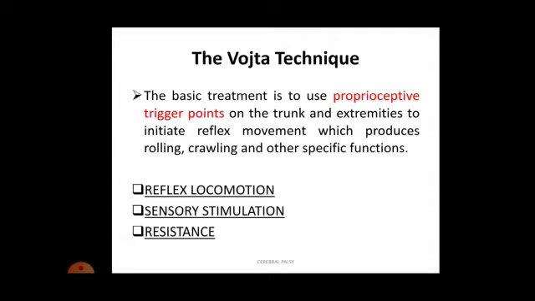As pressure is applied, it also works as a type of sensory stimulation technique. And when the child is moving reflexively in rolling or crawling, at that time resistance is offered by the therapist against the movement, so it will also strengthen the muscles. So all these are advantages of the Vojta technique, but frankly speaking it is used more in Europe only. In other countries it is used less.